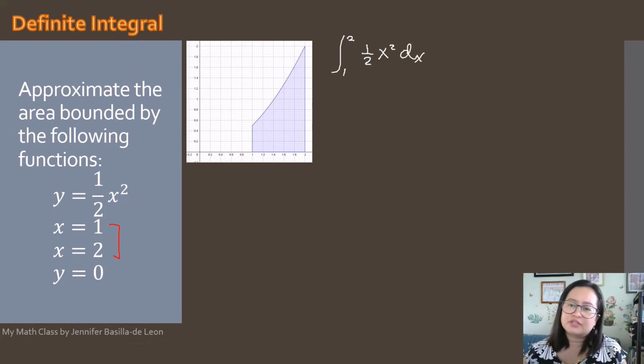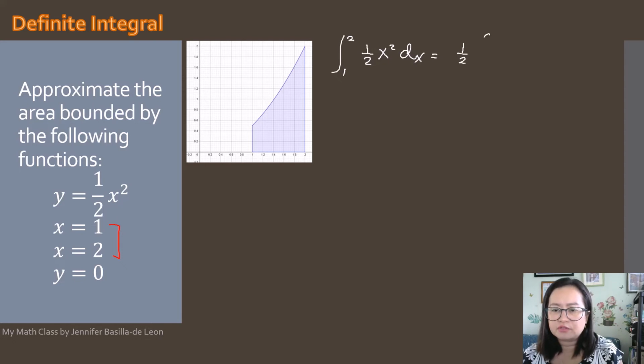Now, simplifying this can be equal to 1/2 times the definite integral of x squared at the closed interval from 1 up to 2.